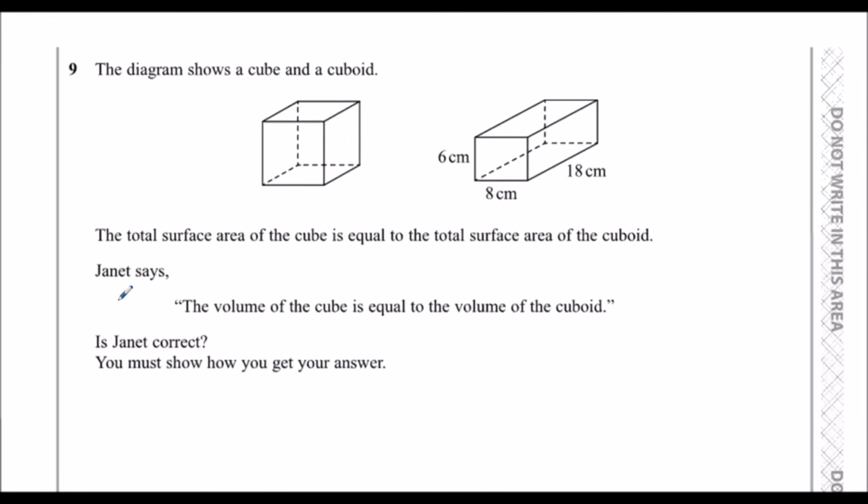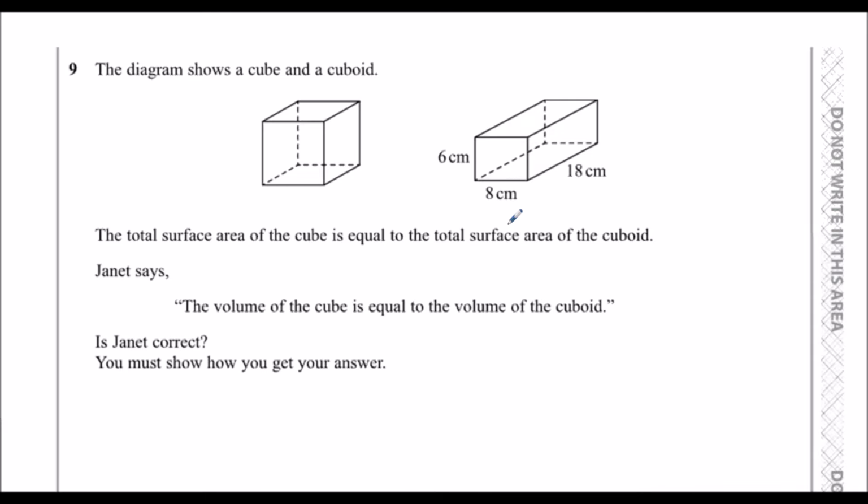Question 9. The diagram shows a cube and a cuboid. The total surface area of the cube is equal to the total surface area of the cuboid. So we can work out the surface area. So that's something we can do. And Janet says the volume of the cube is equal to the volume of the cuboid.